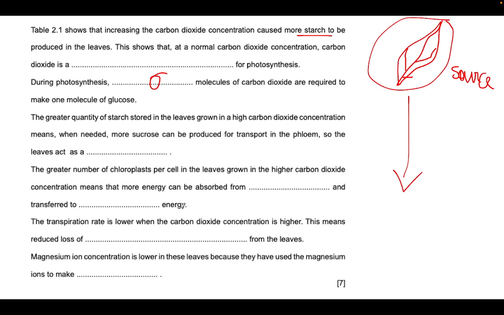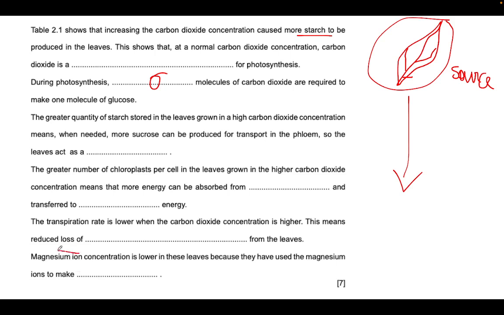We saw in chloroplast the role of chlorophyll is to convert light energy into chemical energy. The transpiration rate is lower when carbon dioxide concentration is higher. This means reduced loss of water from the leaf. That's what actually transpiration is there for.